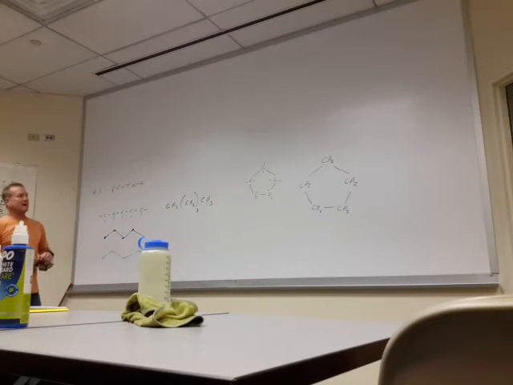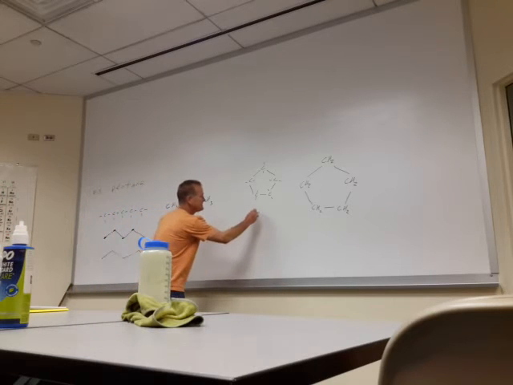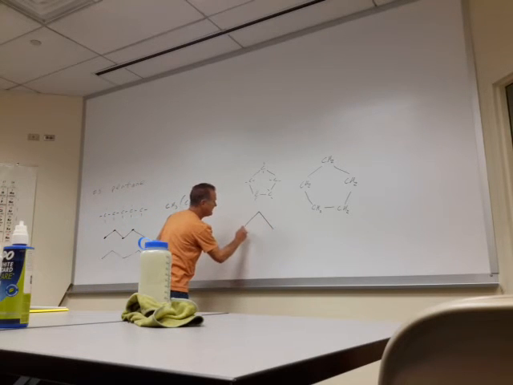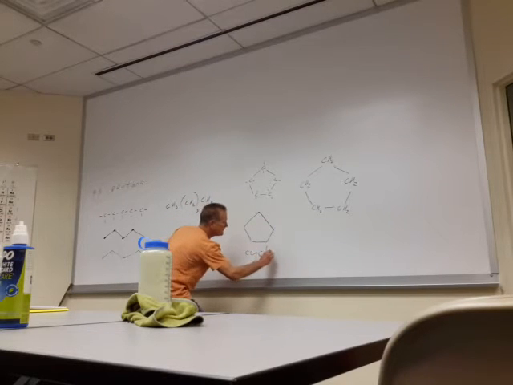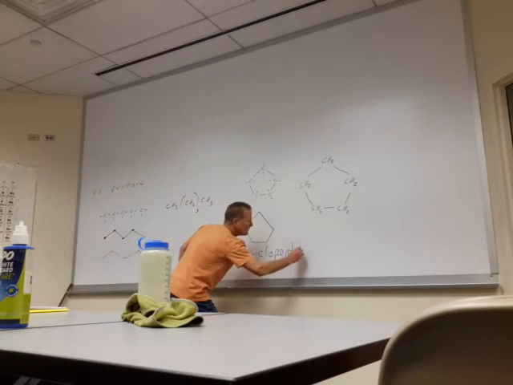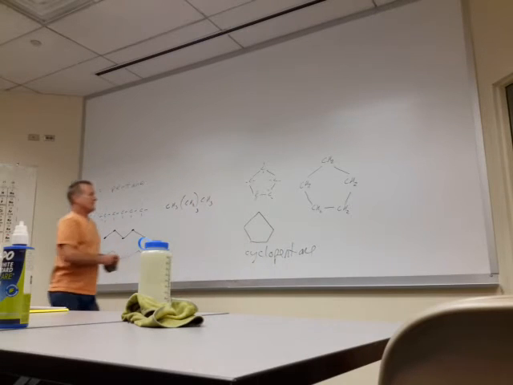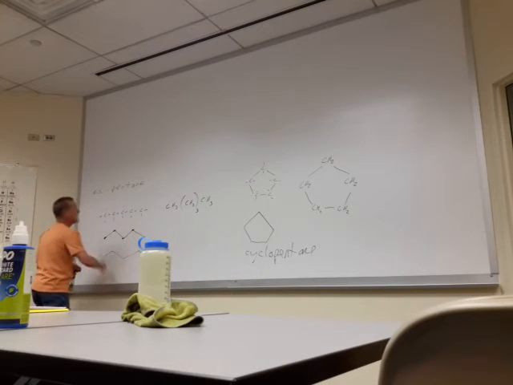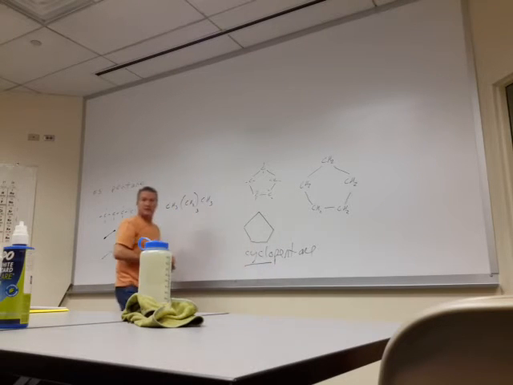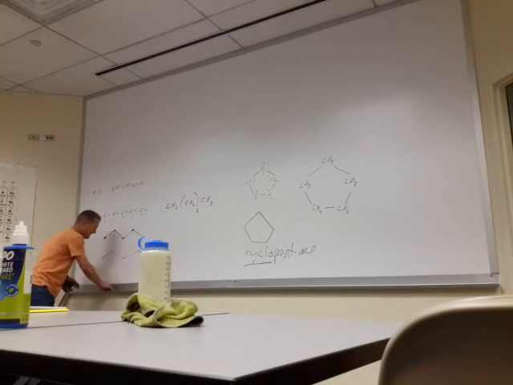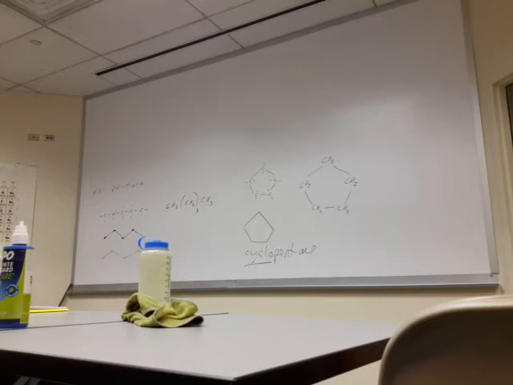But either way is a waste of time. All you have to do is draw a pentagon. Now it's not pentane. It's a different animal. It's cyclopentane. It's just something else that can happen with 5 carbons in the world of hydrocarbons.